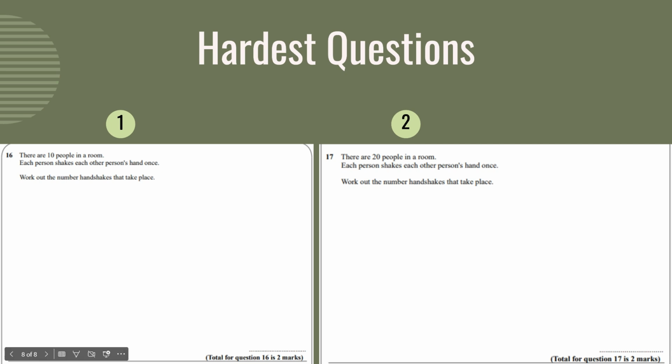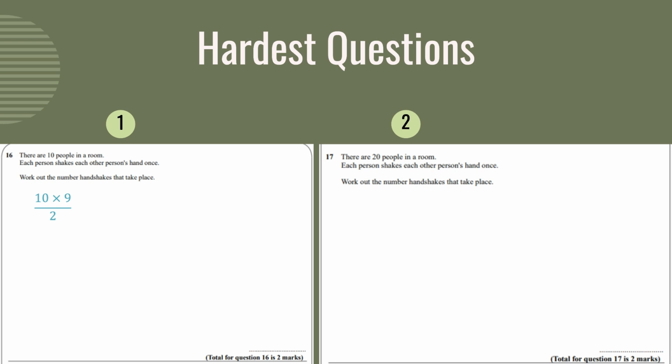So, in our first question, there are 10 people in a room. Each person shakes each other person's hand once. Work out the number of handshakes that take place. So, here we have 10 people, and each shakes hands with the 9 other people in the room. However, this only happens once, so we're going to have to divide by 2.